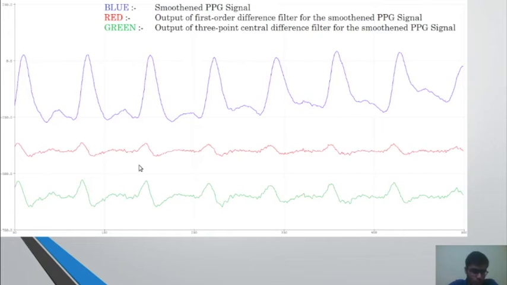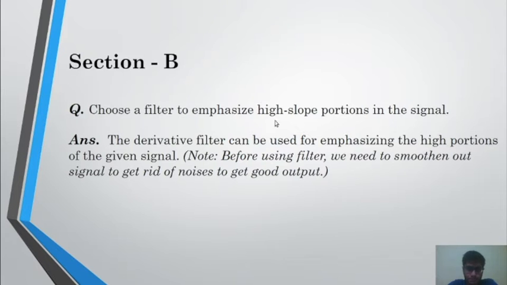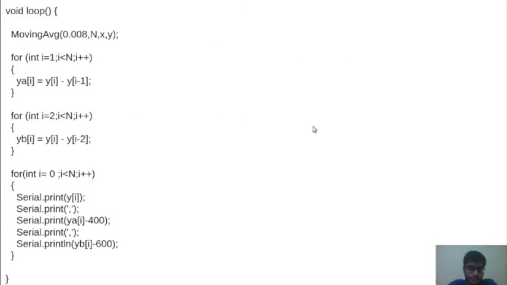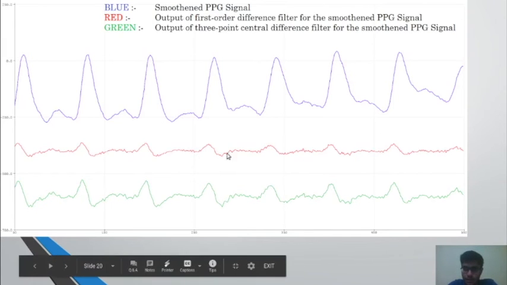What we observe is that wherever there was a high change, there we were able to magnify it, and hence we were able to emphasize the high slope portions in the signal. So our objective is achieved, and it's fairly smoothened too.